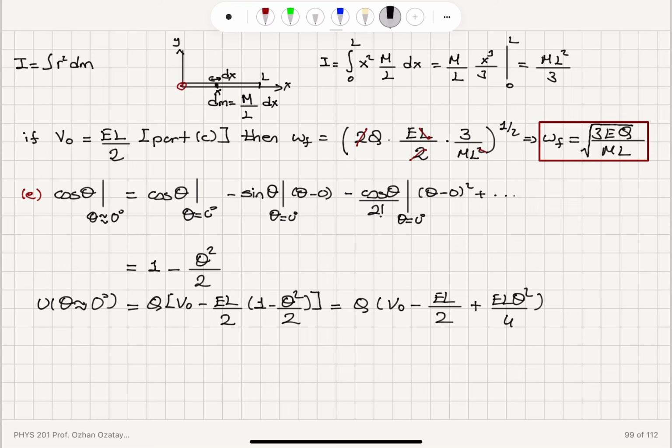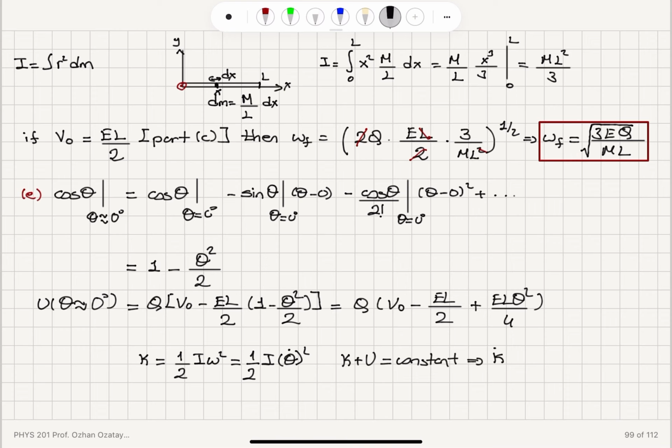Now the kinetic energy as this bar oscillates will be due to its rotation. So it's 1/2 I omega squared, which is 1/2 I theta dot squared. Throughout the motion, kinetic energy plus potential energy is a constant.